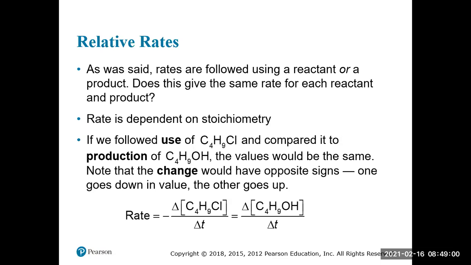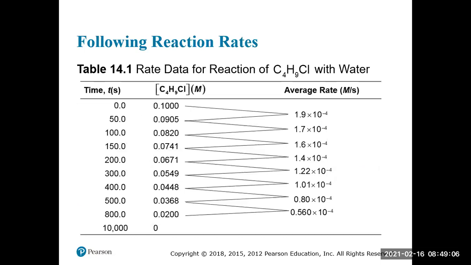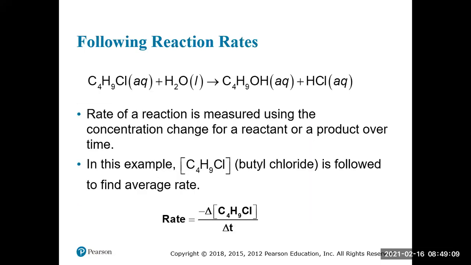And so if we use that butyl chloride example, just to go back and remind everyone what that equation was, it's this equation up here where butyl chloride reacts with water to form butanol and hydrochloric acid. So we're still talking about that reaction.